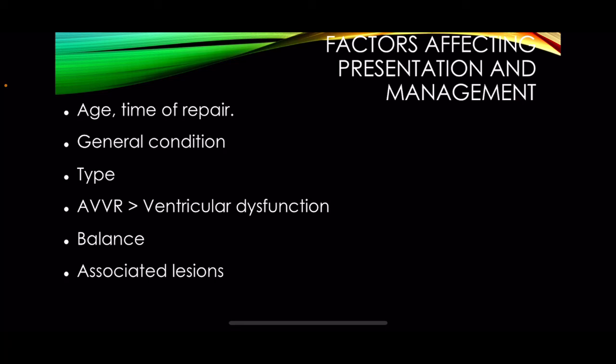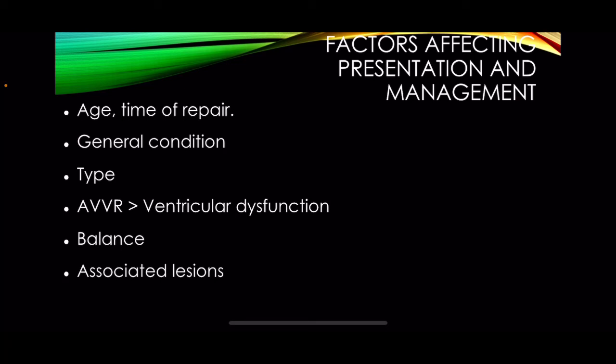But if we have a VSD or complete AV canal, that means it is a high volume of blood going to the lung together with a high pressure transmitted from the left ventricle to the right ventricle to the pulmonary circulation, and in that case this patient is more liable for early development of high pulmonary vascular resistance, because the lung will start to protect itself by causing vasospasm in the media and later by causing irreversible changes in the wall of the blood vessels of the pulmonary circulation, which increases the pulmonary blood pressure and the pulmonary vascular resistance.